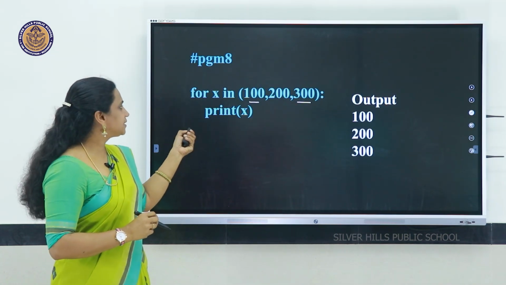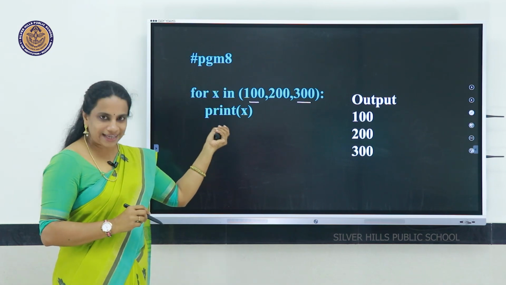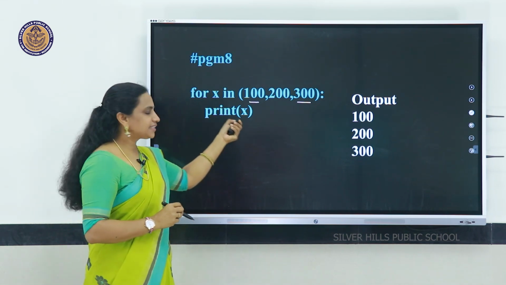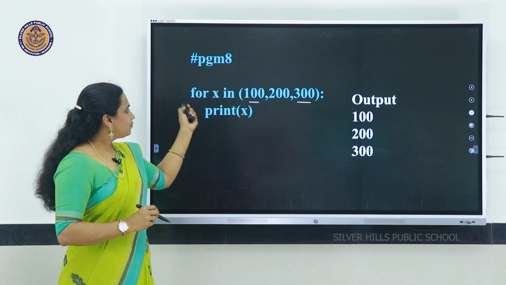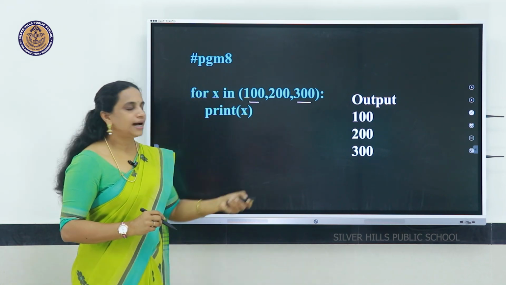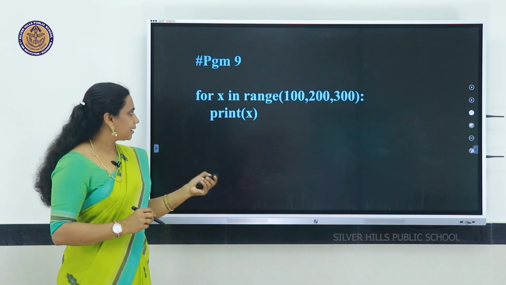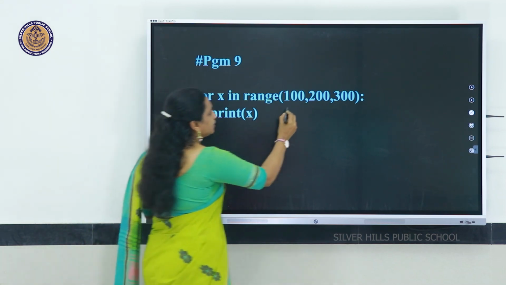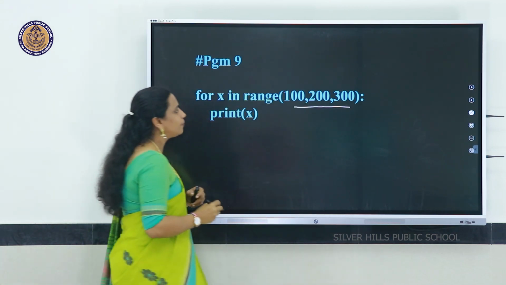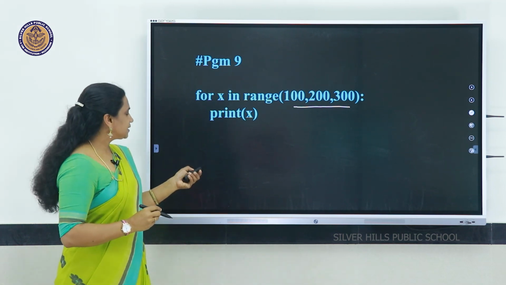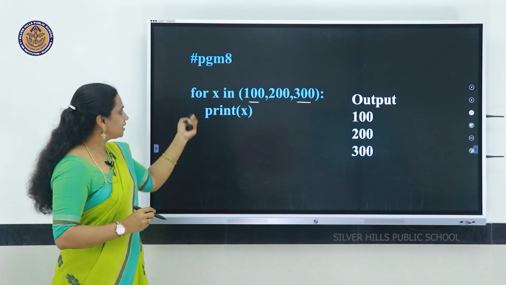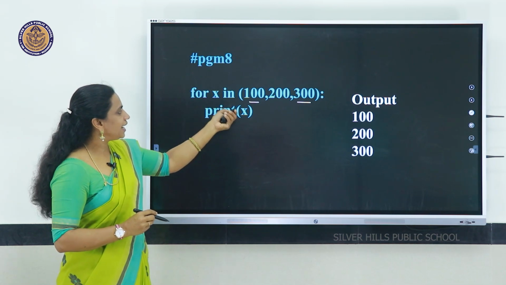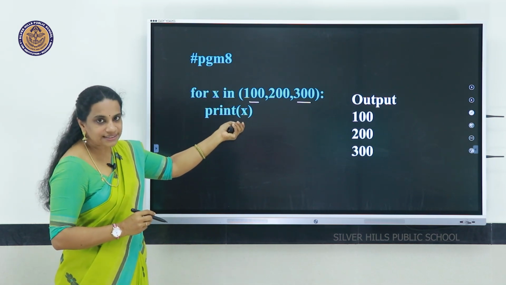Next, for x in 100, 200, 300. This is an example of a tuple. Therefore, the values are printed like this: 100, 200 and 300. Now, again, for x in range of 100, 200, 300. Just to compare with the previous program, there is no range there; for x in 100, 200, 300 is given.